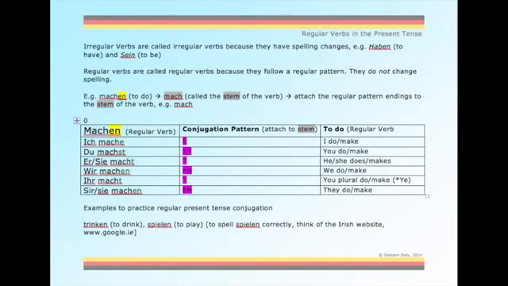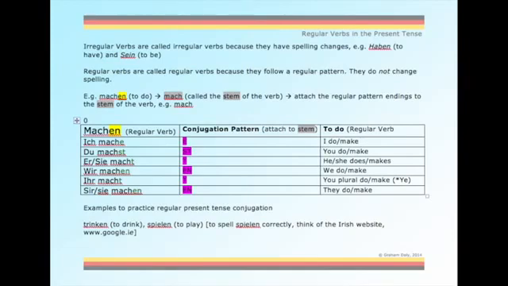Now that we know how to do these, I'm going to give you another verb, and I want you to write out how you make I, you, he, she, we, ye, or they from it. Are you ready? I'll give you the verb trinken, to drink. Okay? So you're going to write this down: T-R-I-N-K-E-N, trinken.